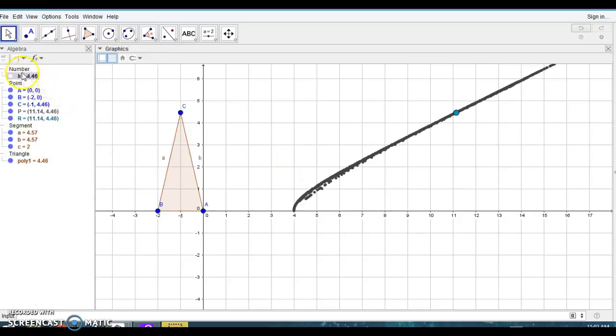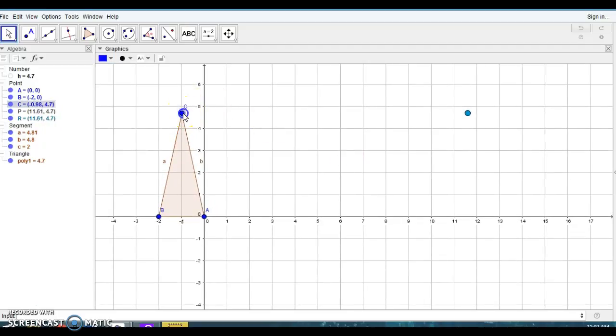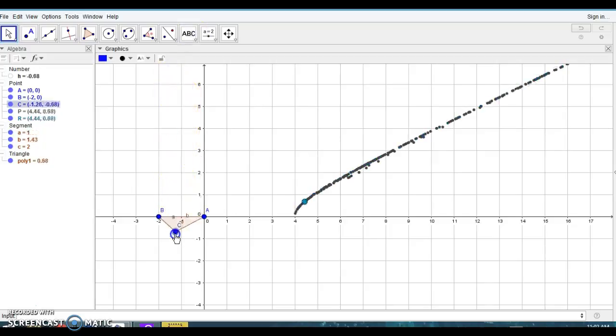So now we see up here h is equal to 4.46, or h is equal to the y value of c, and it changes with c, and so yes. I always get bugged when it doesn't look like the function, so there we go.